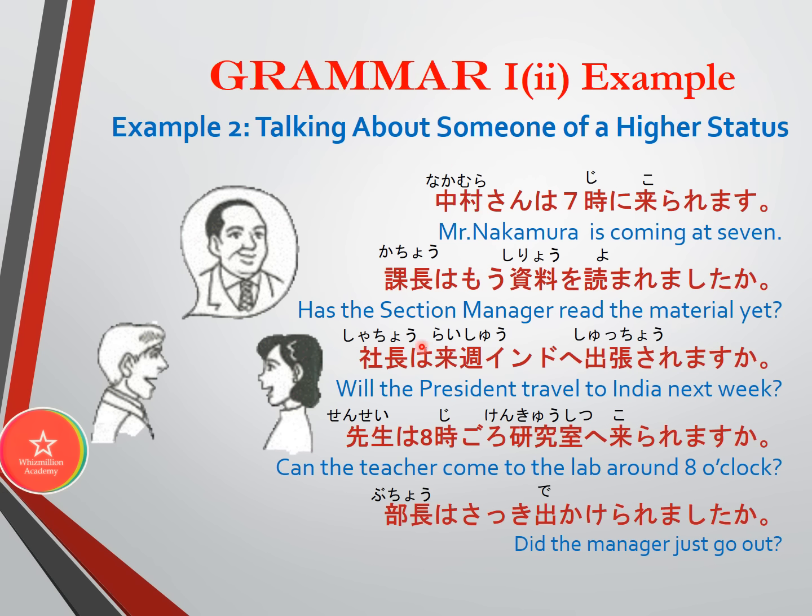So first question, Mr. Nakamura is coming at 7th. 中村さんは7時に来られます。This is a statement, right? So Sato-san probably is telling Michael that Mr. Nakamura is coming at 7th. Over here, Sato-san have to use sonkeigo. Kimasu become koraremasu.